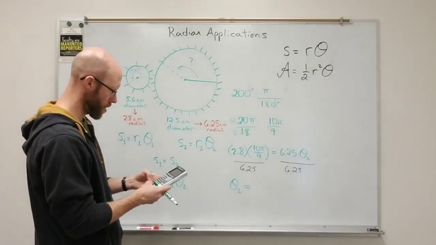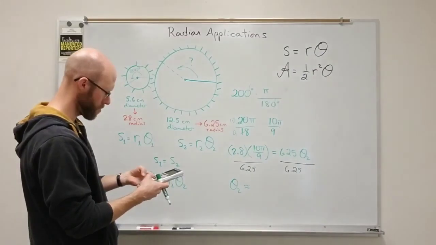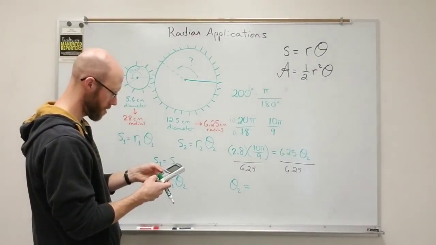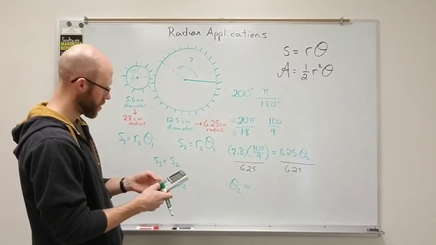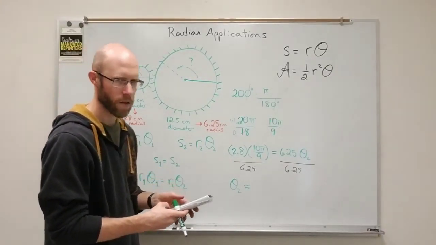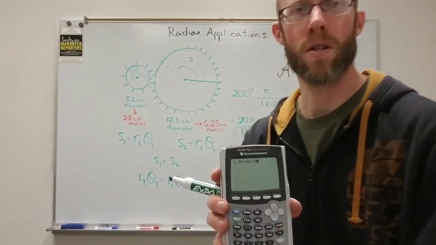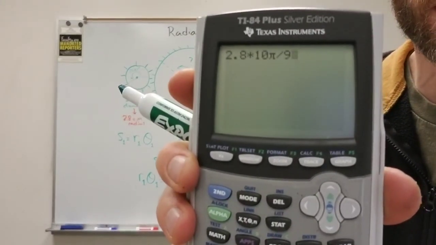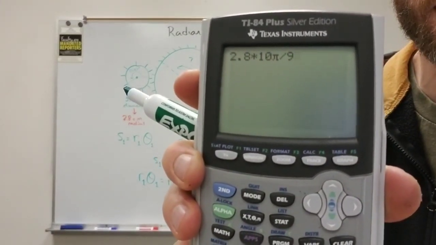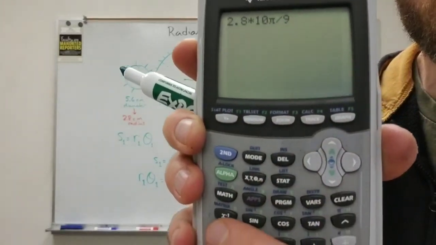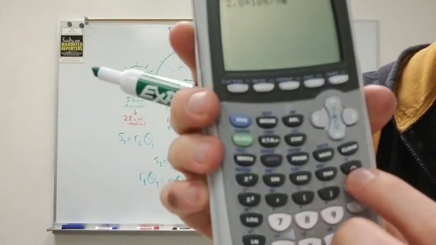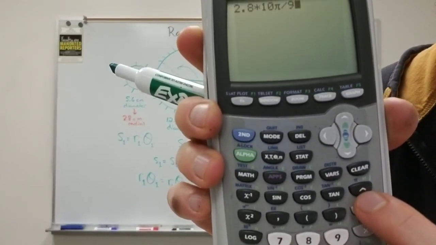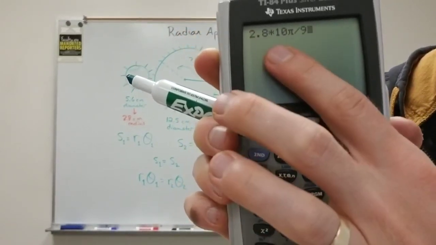So I'm going to type in 2.8 times 10 pi divided by 9. Okay, so you can kind of see 2.8 times 10 pi over 9. The pi, if you need to know where that is, it's the second, and then it's this little caret or exponent button. So second, and then that will give you the pi.